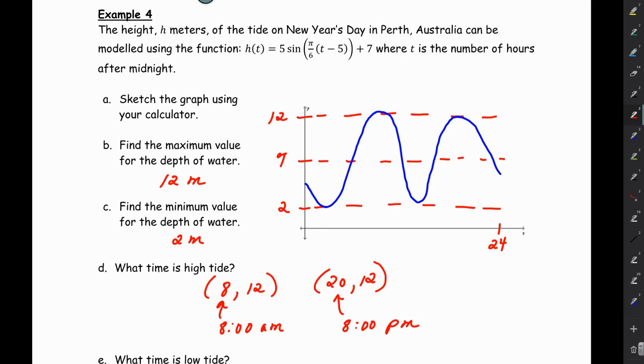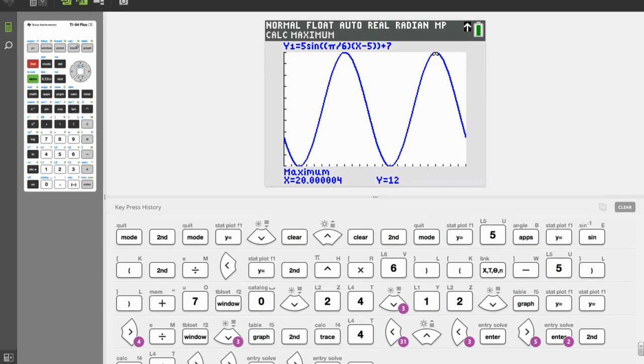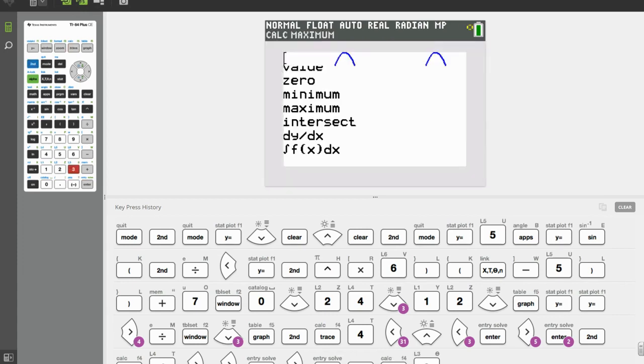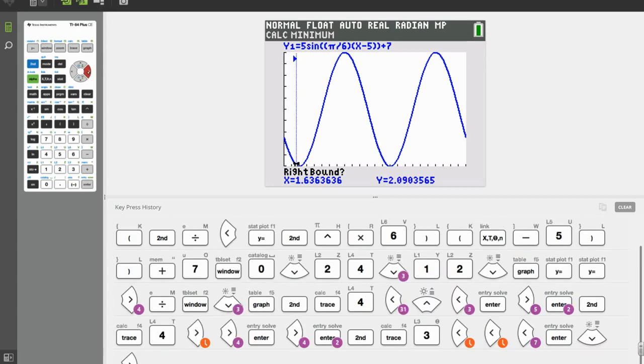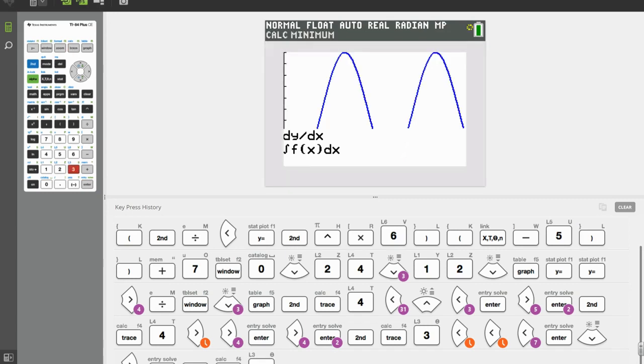So this time we have to go and calculate the minimums on our graph. Second trace, number 3. Move a little to the left of the first minimum, hit enter. Move a little to the right. Hit enter, guess, hit enter. We get a value of 2.2. All right, let's try checking the other minimum, second trace, number 3.